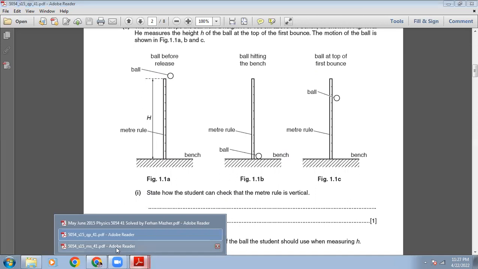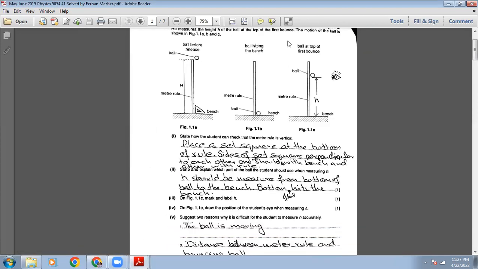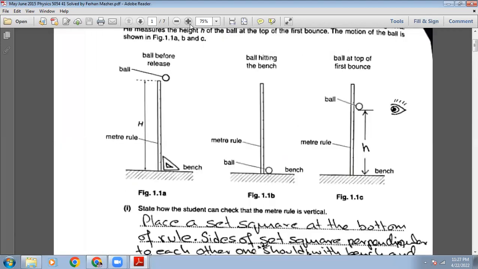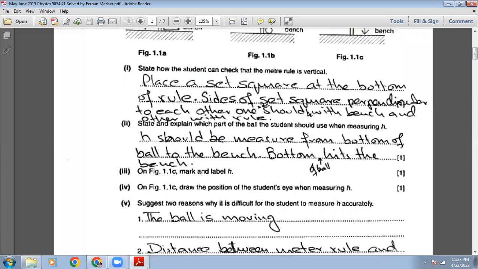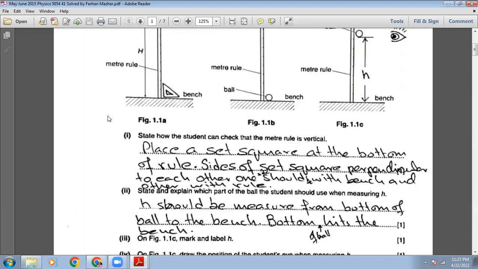So let me show you my written answer. Here you can see: place a set square at the bottom of the rule, like this. I have shown the set square in this figure, placed here.